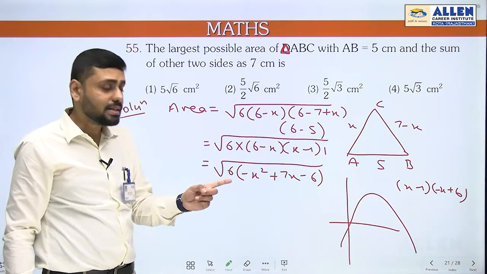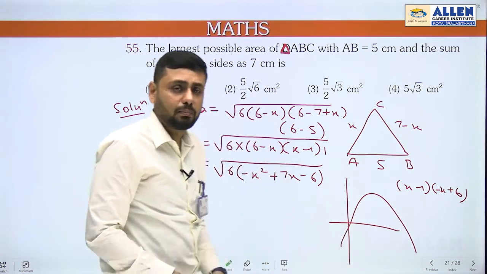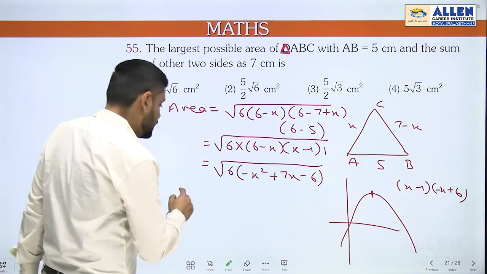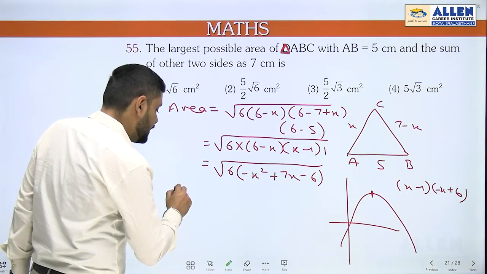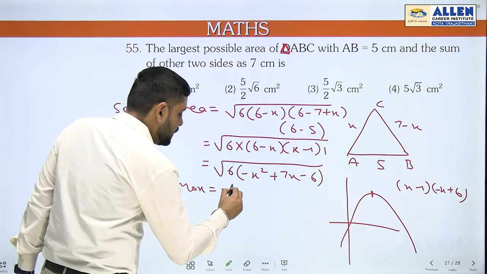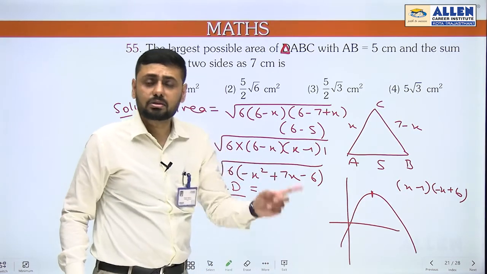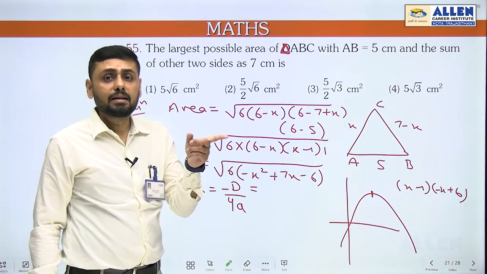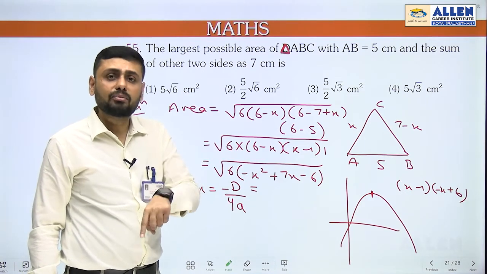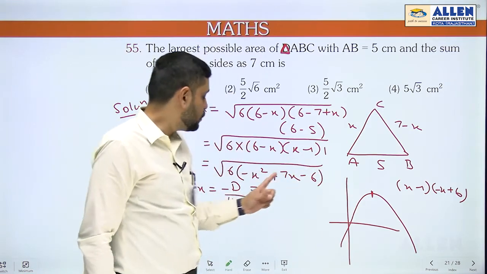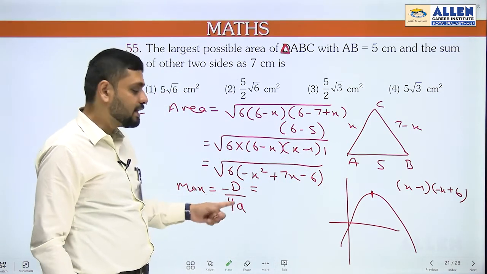If the value of a is less than 0, the graph will be a downward parabola. So this point will give the maximum value, and what will the value at that point be? We will find the maximum value as minus d by 4a, because this is the vertex, and the coordinates of the vertex are minus b by 2a and minus d by 4a. The y coordinate denotes the maximum value. So the maximum value will come from the y coordinate, that is minus d by 4a.